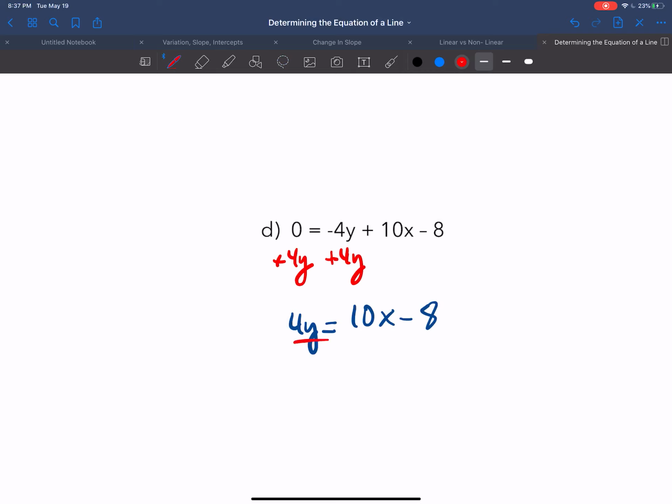Let's now divide out the 4. That cancels out. So I have y is equal to 10 over 4, which I'm going to reduce to 5 over 2x, minus 2, because 8 divided by 4 is 2.